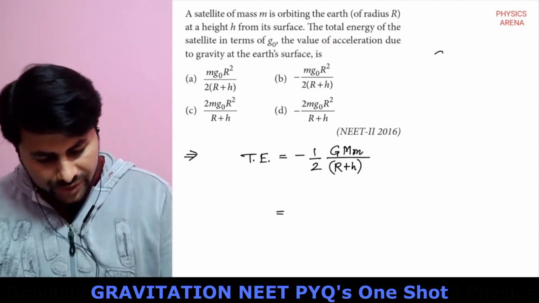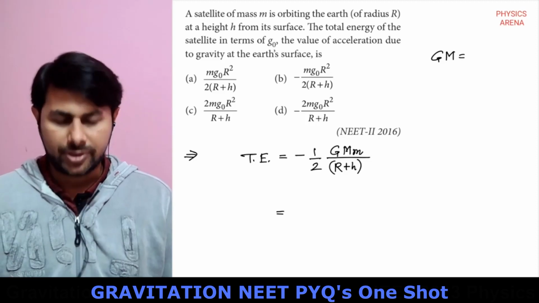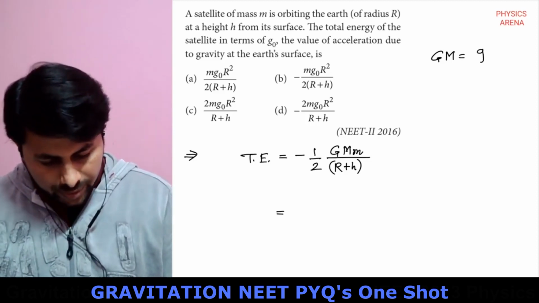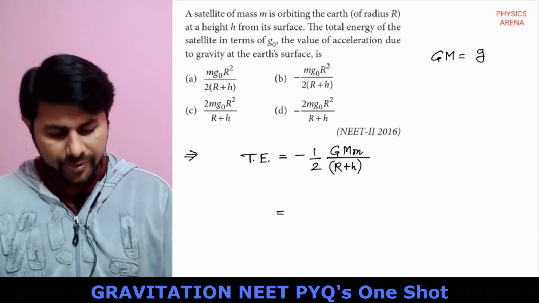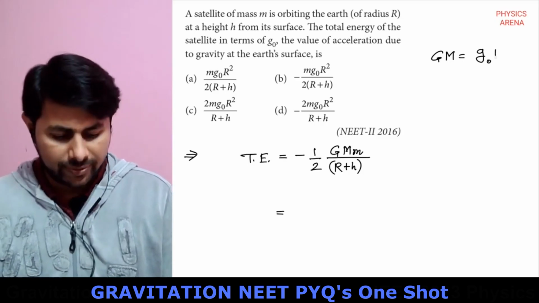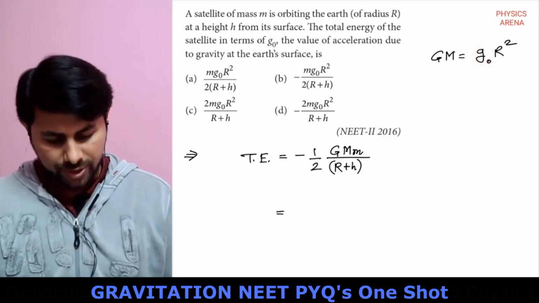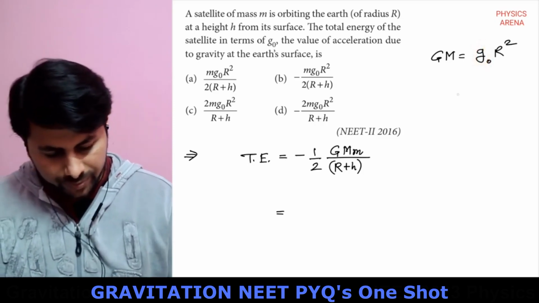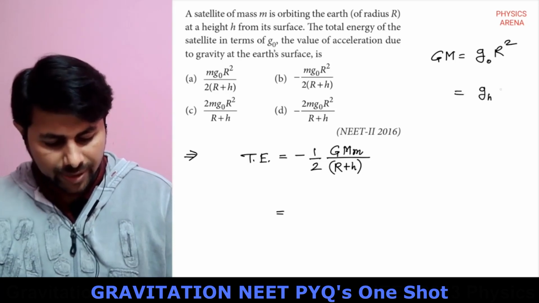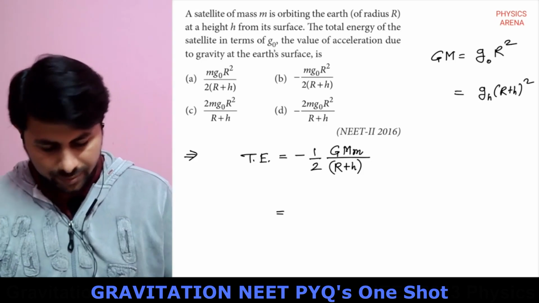So now we have discussed this repeatedly. The trick to solve gravitational problems, most of the problems, is to use GM. Remember this thing, GM is equal to what? g multiplied by R squared. So here they are calling it g suffix 0, g naught, and it is equal to G multiplied by R squared.